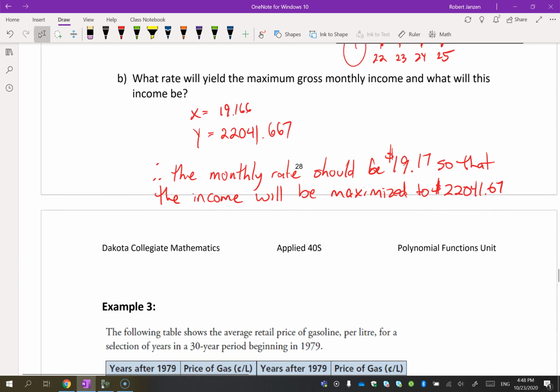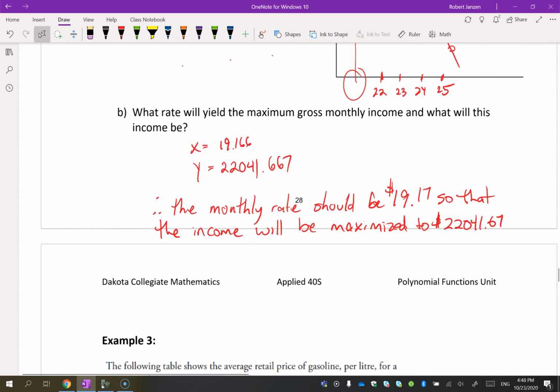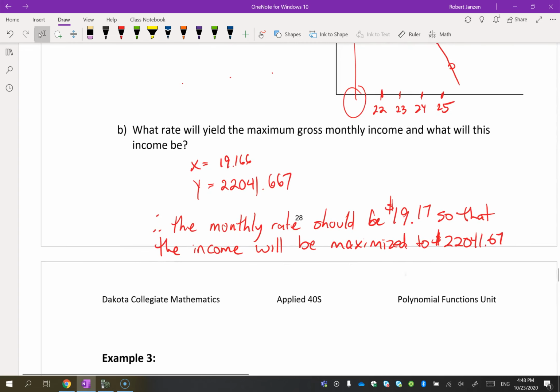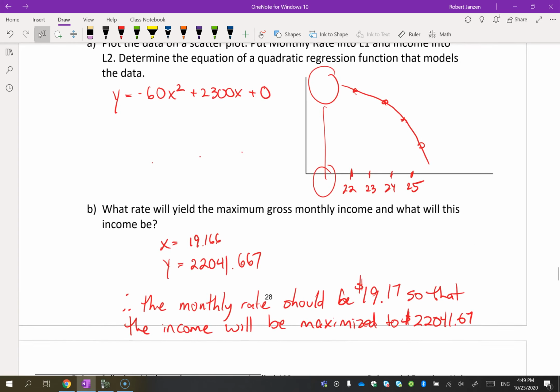Now a lot of times you can't be that precise. We might want to just say we're going to charge $19. But in this case, we have a pretty clear picture of what it should be.